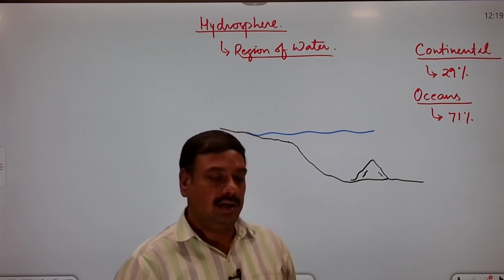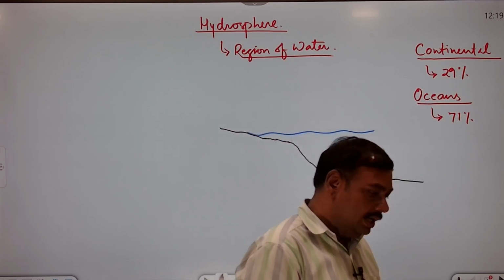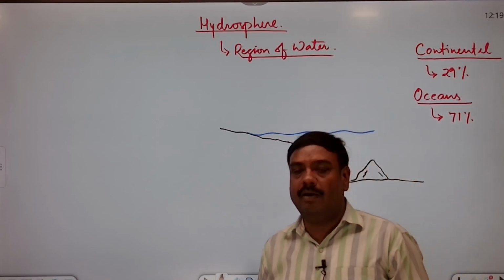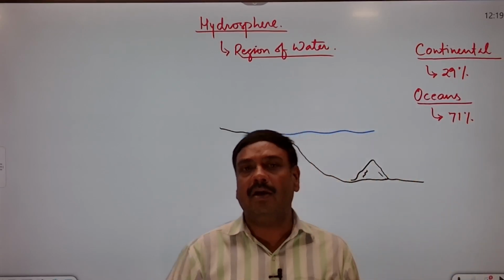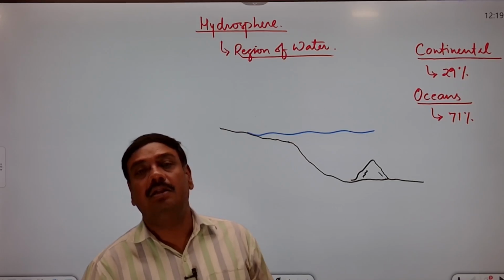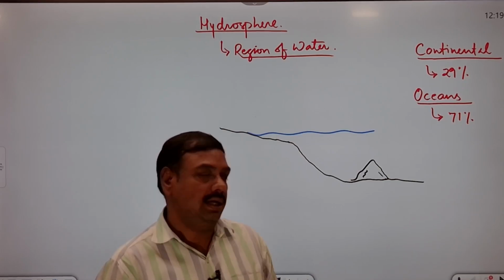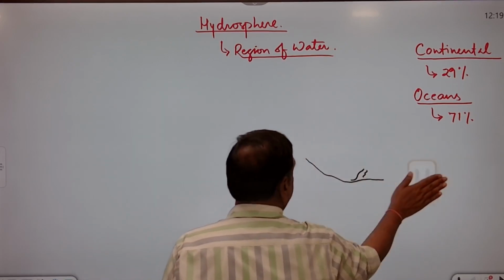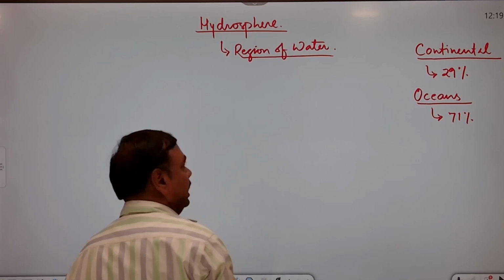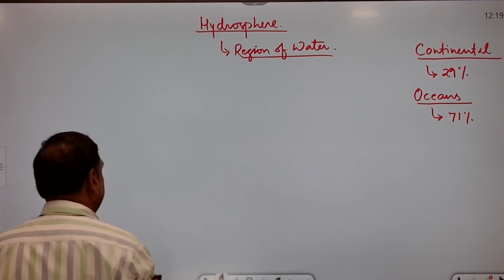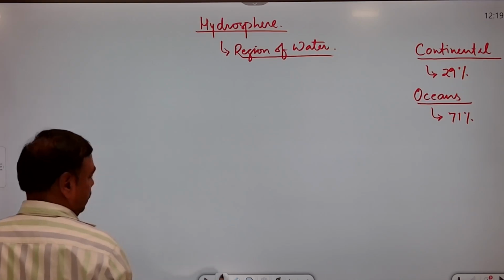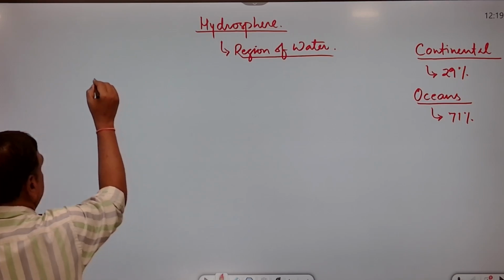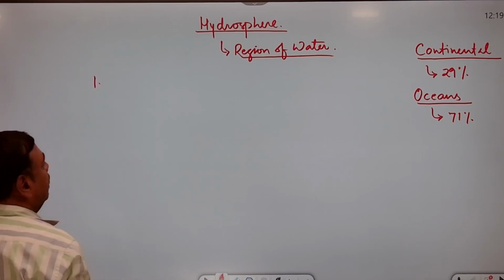So, if the continental part has so many irregularities, those irregularities are called the relief features of the continents. Since we are discussing relief features here inside the ocean, these are called the reliefs of the ocean basin, and this is the first chapter we will discuss under the hydrosphere according to our syllabus.